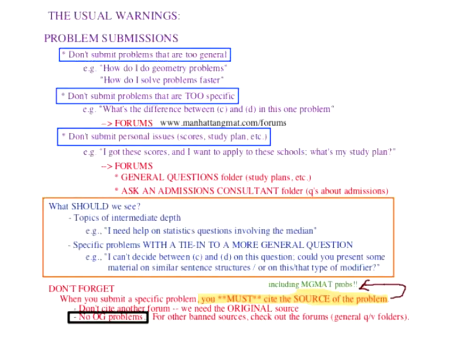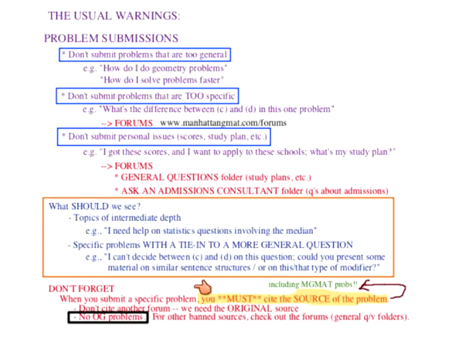So welcome. As usual, we have to start with the usual boring presentation of rules. So let's do that real quickly. What should you submit? What should you not submit? Please don't submit things that are too general. Please don't submit things that are too specific. Please don't submit personal issues. And please don't submit problems from the official guide.